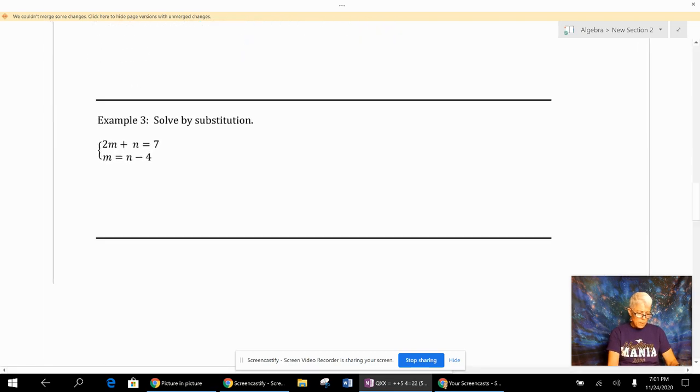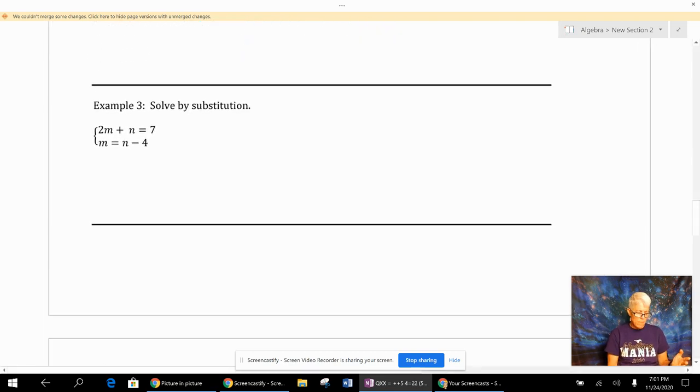If you look at example number 3, we have 2m plus n equals 7, and then we have m equals n minus 4. So what we're going to do is take the n minus 4. If m equals that, we're going to substitute it into the other equation.